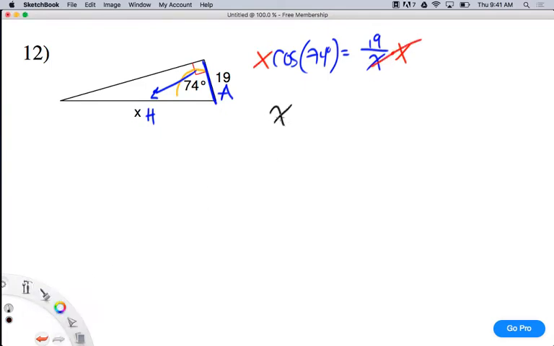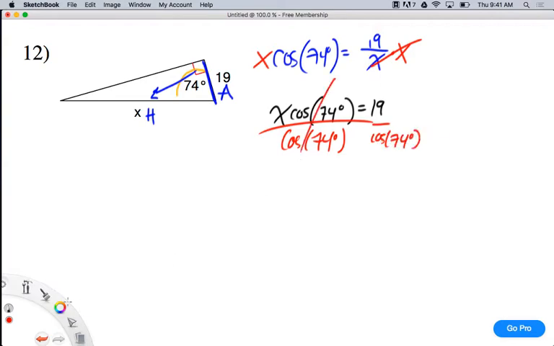I end up with x times cosine of 74 degrees equals 19. Then I divide by cosine of 74 degrees, and I get x equals 19 over cosine of 74.